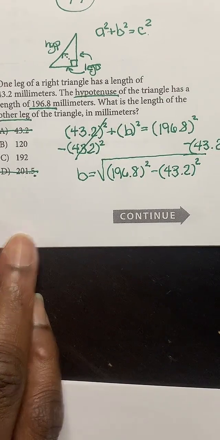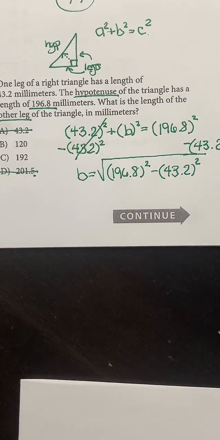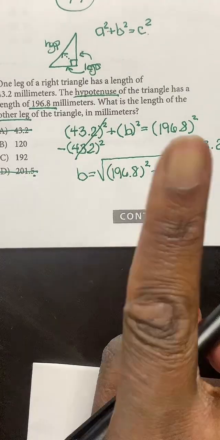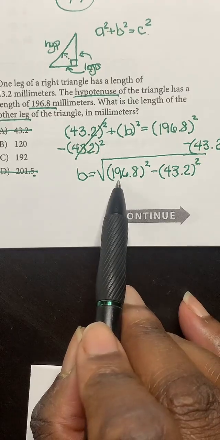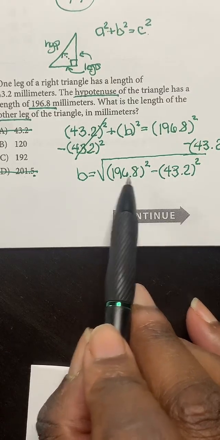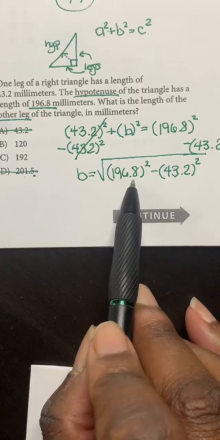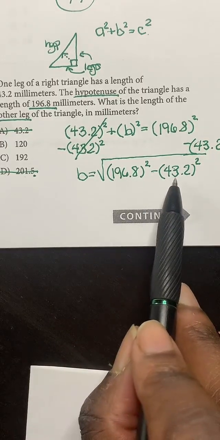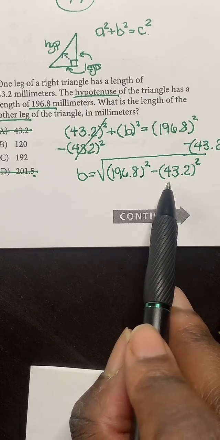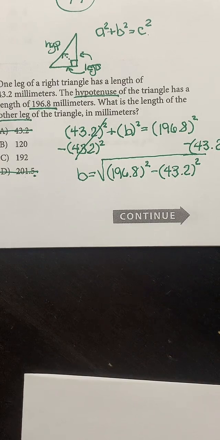Okay. So once you do your 196 and 8/10, square that. Now, what I mean by square that, I'm not saying take this and multiply by 2. Okay? You have to square it. That means 196 and 8/10 times 196 and 8/10. Okay? Same thing with the 43 and 2/10. You're going to multiply that by the 43 and 2/10.